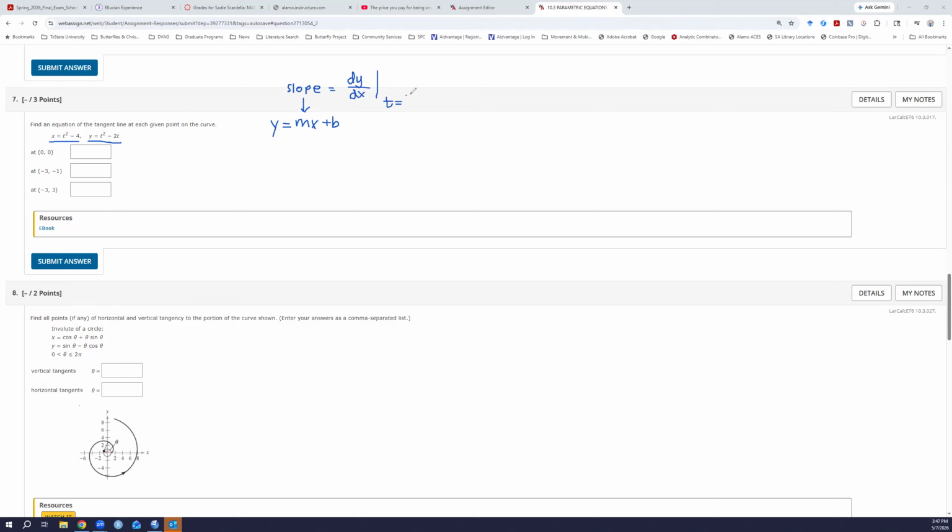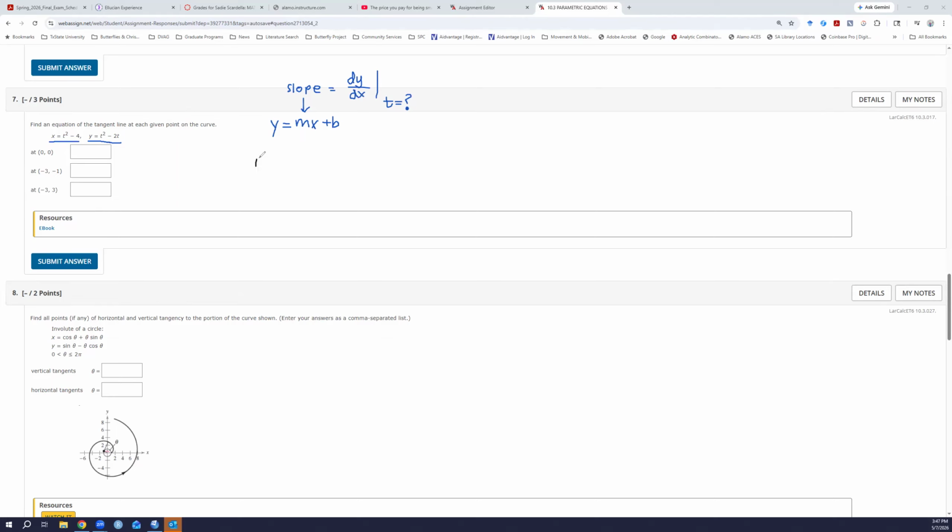T equals whatever that value is going to end up being. It really depends on the x and the y values. So we'll have to use our x and y values to find out what that is, but I like to start off by just finding the derivative.